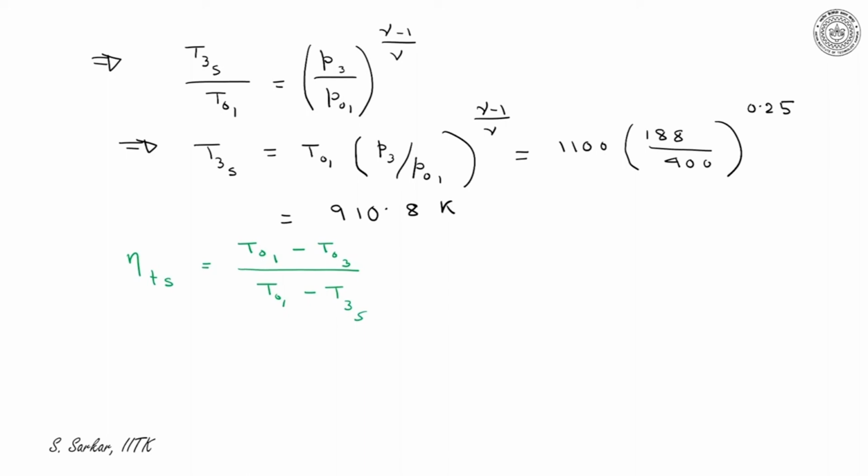Now I know all the values: T01 is 1100 Kelvin, minus T03, just evaluated, 961.29, divided by 1100 minus T3S, which I have calculated as 910.8.